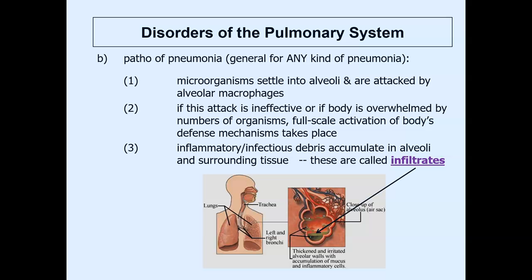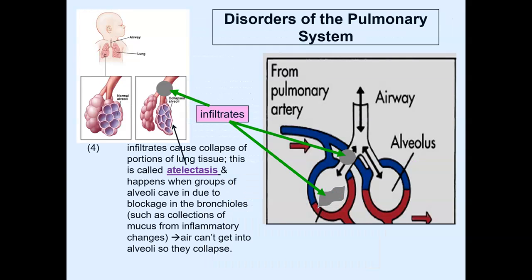Now, when we learned about Module 2, we called that inflammation soup or exudate. But when it's in the lungs, it takes on a different name, and that term is infiltrate. So an infiltrate is the inflammatory infectious debris that accumulates in the alveoli. Once this debris or infiltrate accumulates, it can cause the collapse of the lung because there's no air that can get in there.